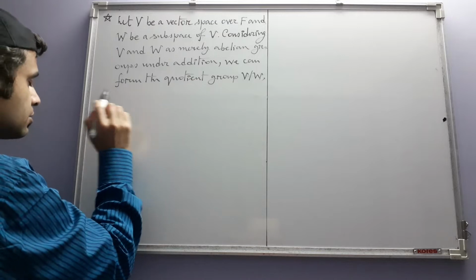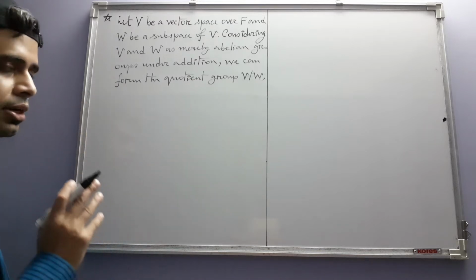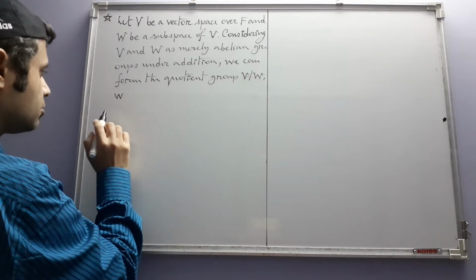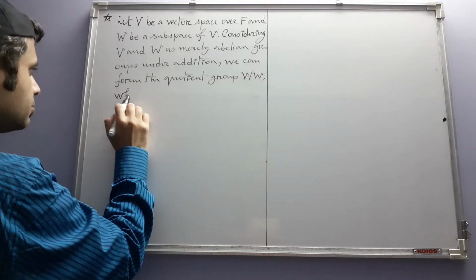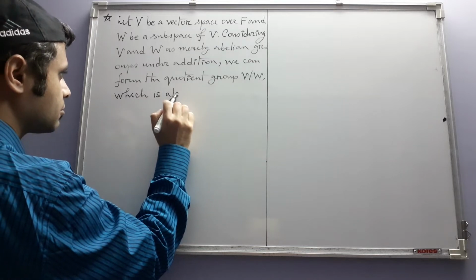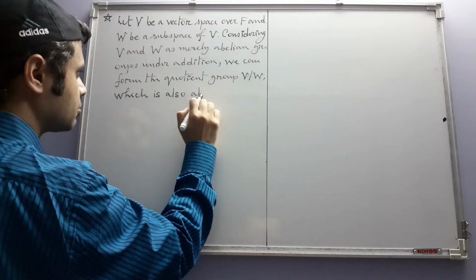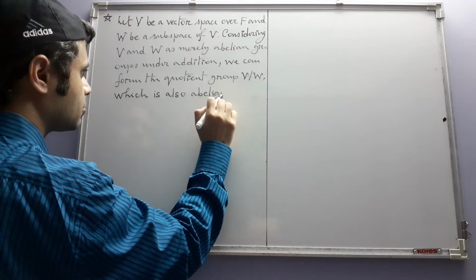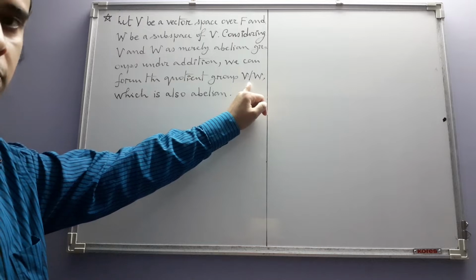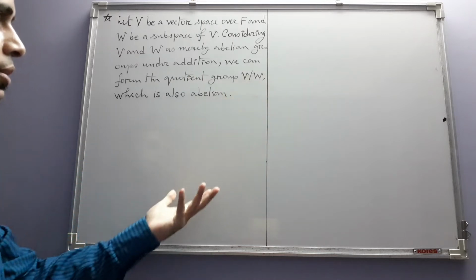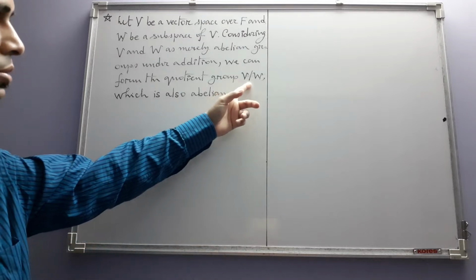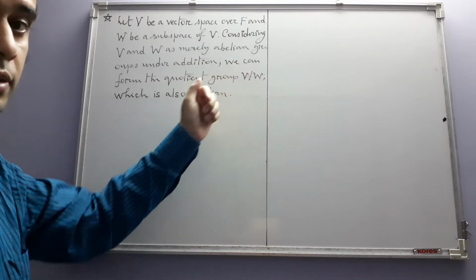Moreover, these are things we already know from group theory, the quotient group itself is abelian. So we have now got an abelian group. Now can we define a multiplication by scalars on this set?